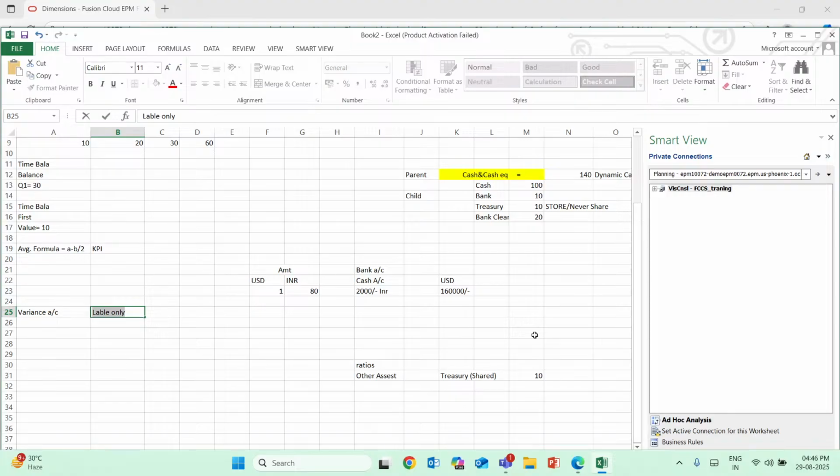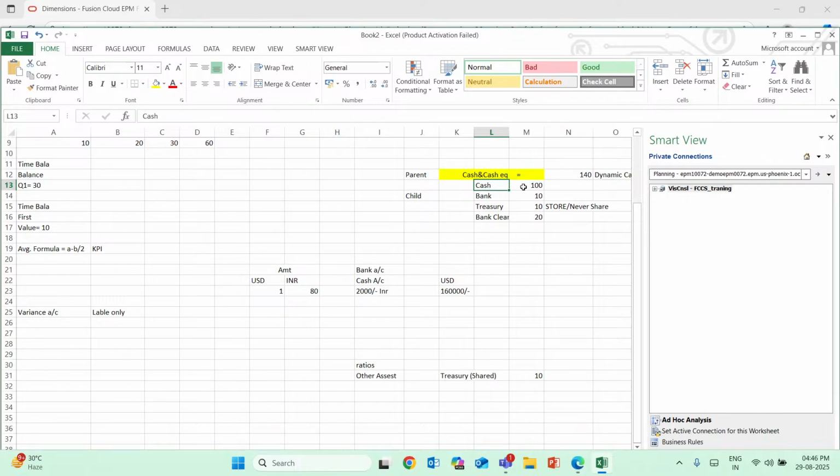Let's suppose here, 100, we are going to have aggregation as addition, because we want to get 100. We want this cash and cash account to add up to the cash and cash equivalent account.